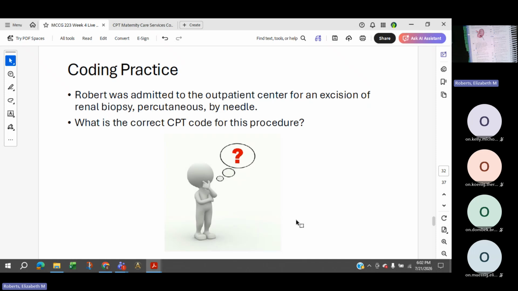Eventually, you'll find it. If ultimately you are in a coding test or a certification exam, and you literally cannot find the code for this procedure, skip it. Just skip it. Don't waste time and get too frustrated, right? The chances are you're going to get it wrong anyway at that point. I don't say that because I want you to feel frustrated, or say, oh, I'm not going to get it right.